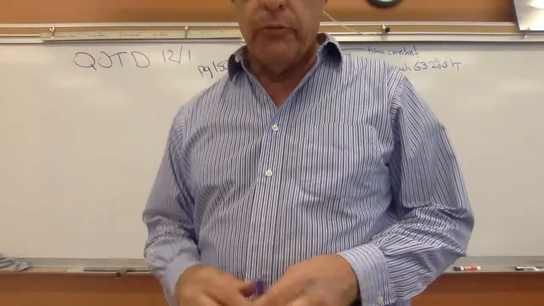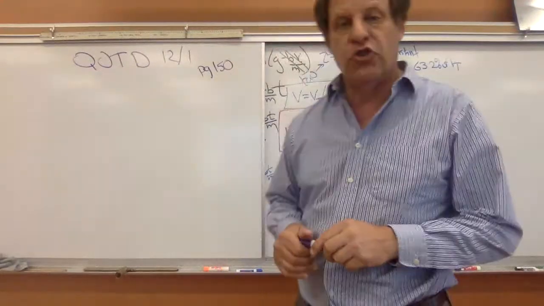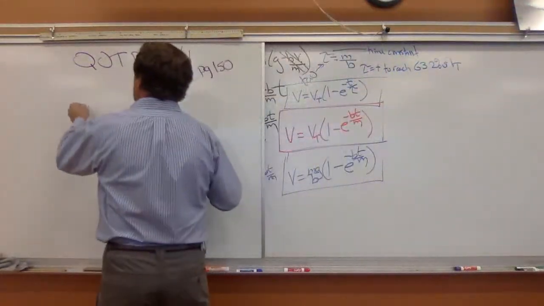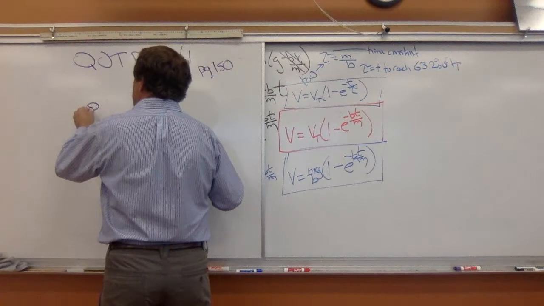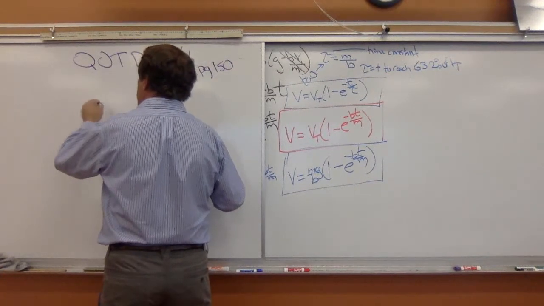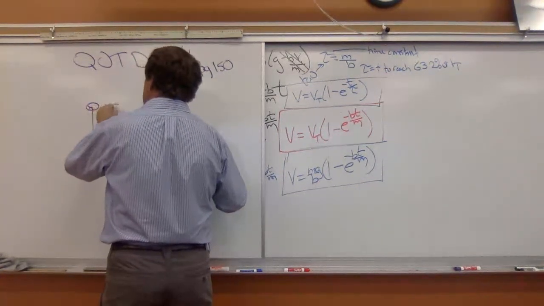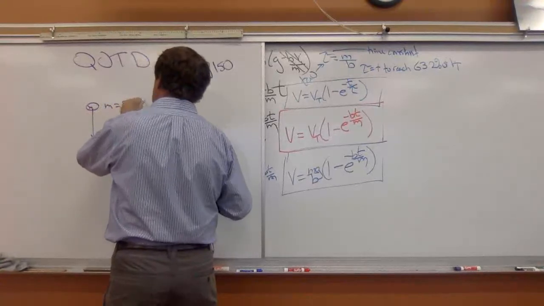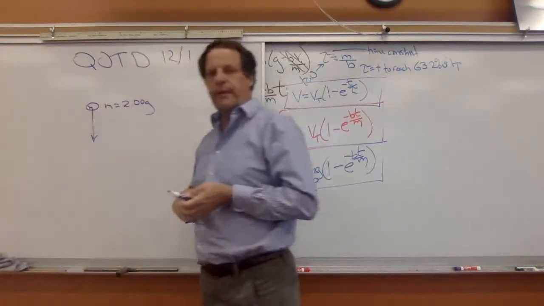But the problem says a small sphere of mass 2 grams. So we're going to have a mass here, and it is going to drop down, and this mass is equal to 2 grams.